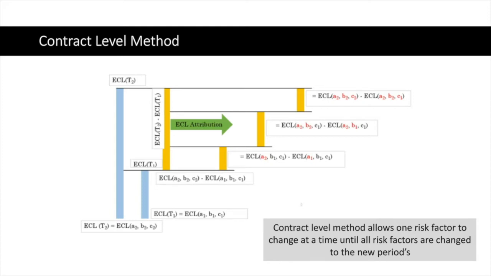And so the sum total of these 3 yellow bars would represent the change in ECL for the shared portion of the portfolio between T1 and T2. To this, we would add the change in the portfolio volume itself and how that affects our ECL. And so the sum total of all this would give us the attribution for the ECL change from time T1 and T2.